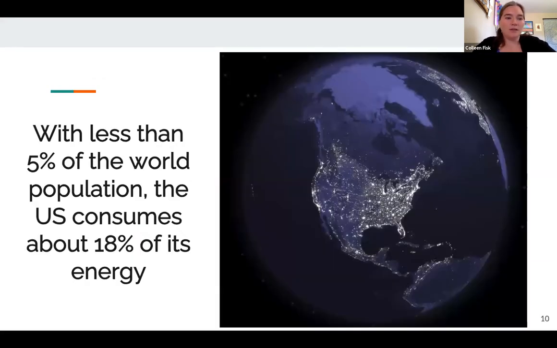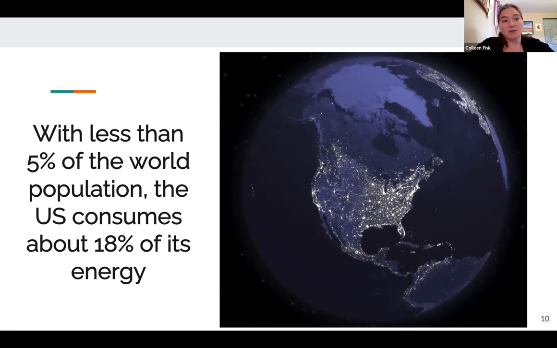So starting with the importance of this, right? With less than 5% of the world population, the US consumes about 18% of its energy. So per capita, we are using way more energy, and that's looking at electricity, heating, transportation, all that energy. We're using way more than many other people in the world.